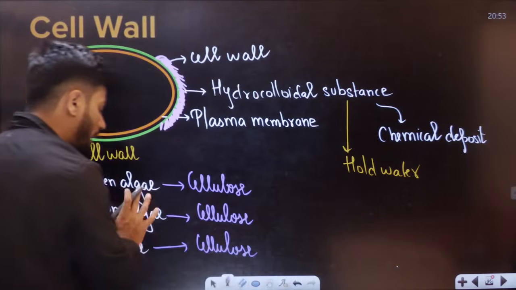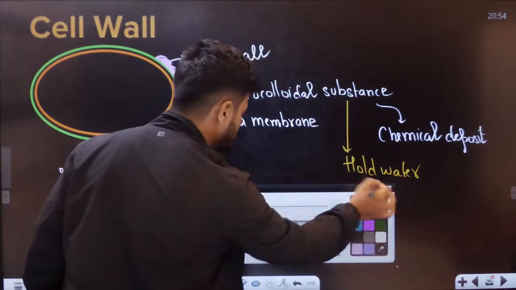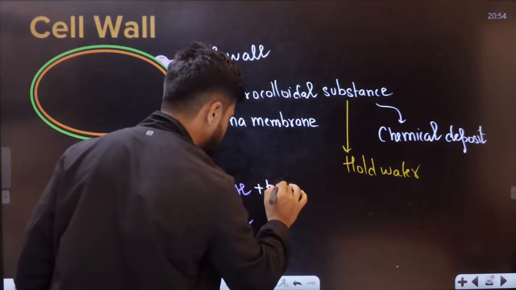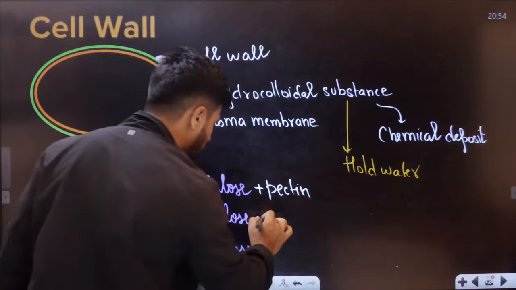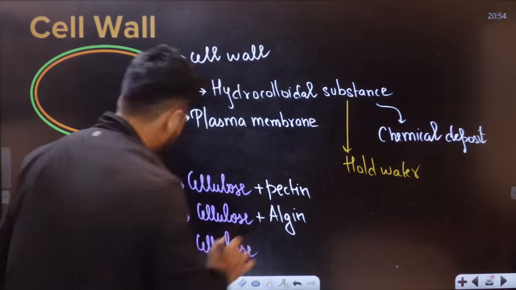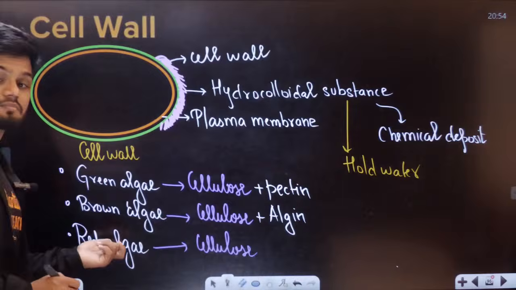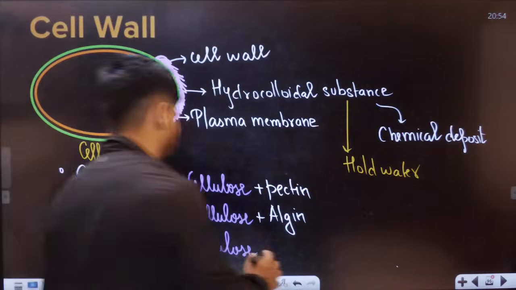Apart from cellulose, in the case of green algae, it also has pectin. In the case of brown algae, it has a hydrocolloid called algin. In the case of red algae, it has carrageen. Carrageen, students, carrageen.